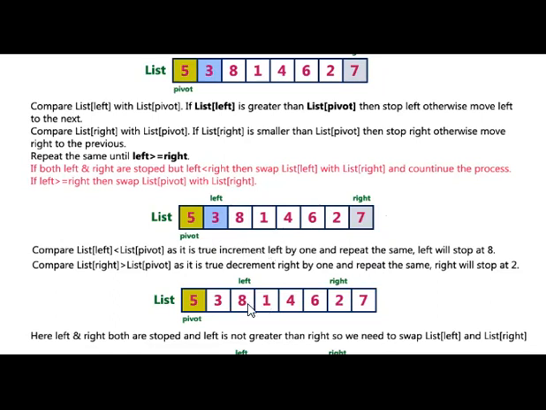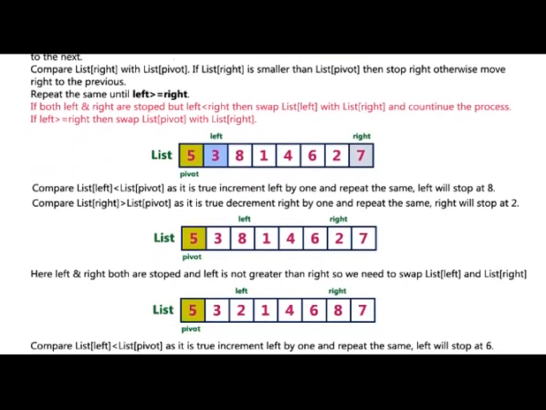Then we check the left side, whether the i value is greater than the pivot value 5. Yes, 8 is greater than 5. Then the right element, 2, is less than 5? Yes, 2 is less than 5.